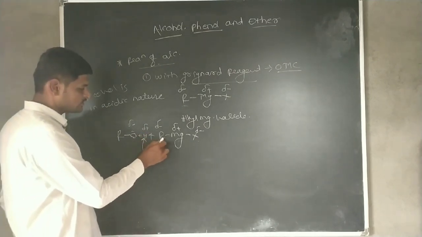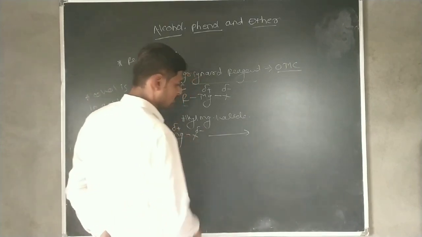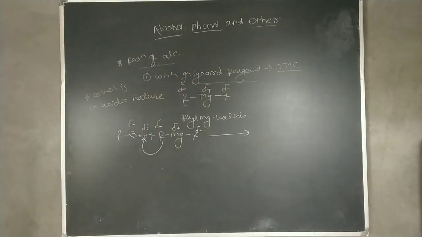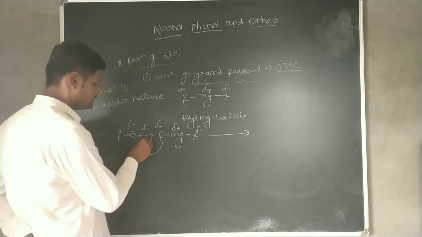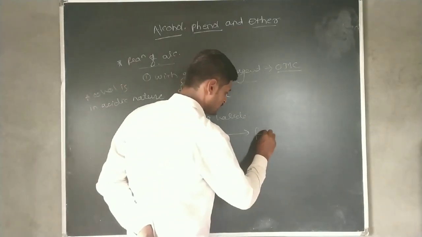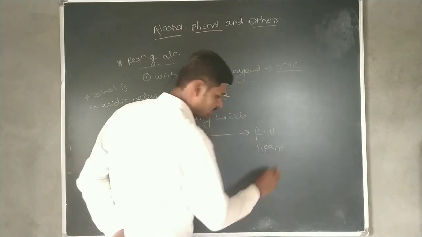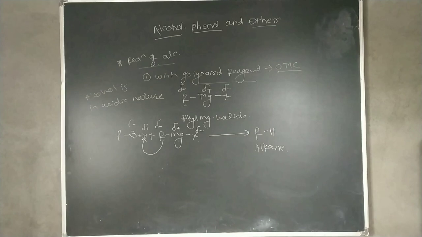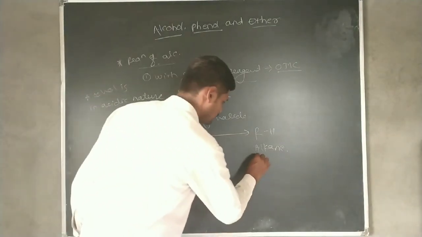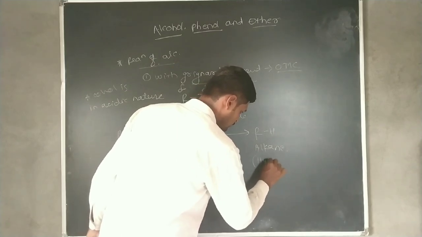By abstracting the H plus ion, R and this H combine with each other, and there is a formation of alkane. This alkane is also commonly known as a hydrocarbon.